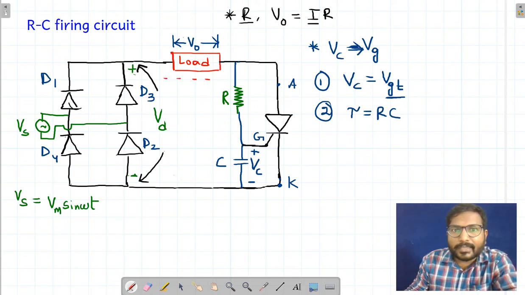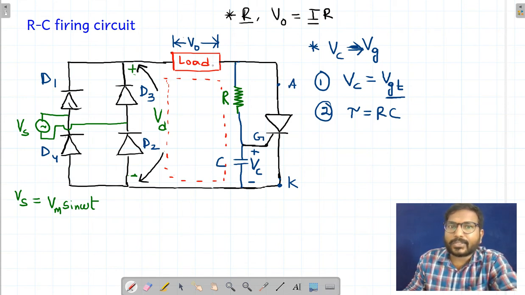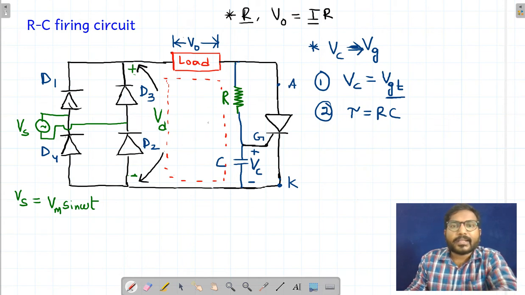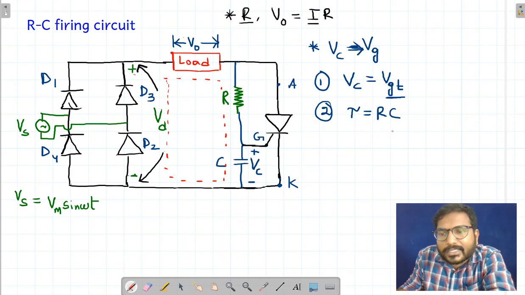VD is the available voltage to charge the capacitor. This red dotted line is the path to charge the capacitor: from VD through load R, C, and come back to the VD. So if R is constant, the charging time of the capacitor is constant.